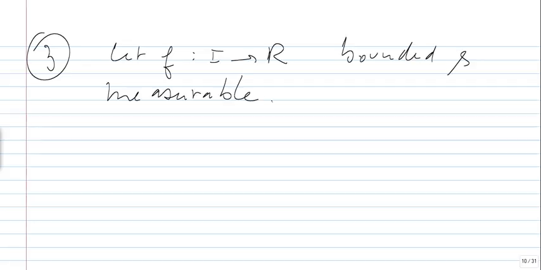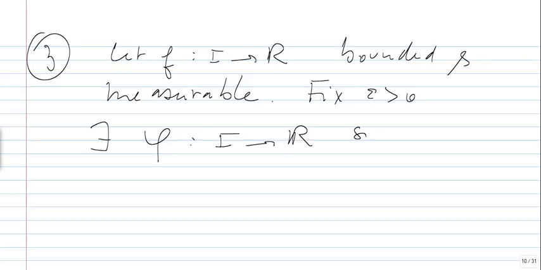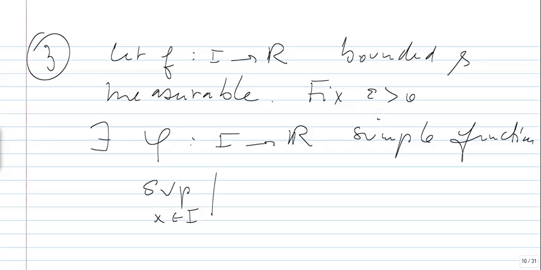So we know if you fix epsilon arbitrary positive, there exists a simple function phi from I to R. We have seen this before when we did the approximation by simple functions, such that the sup over the entire interval I of phi of x minus f of x is less than epsilon.